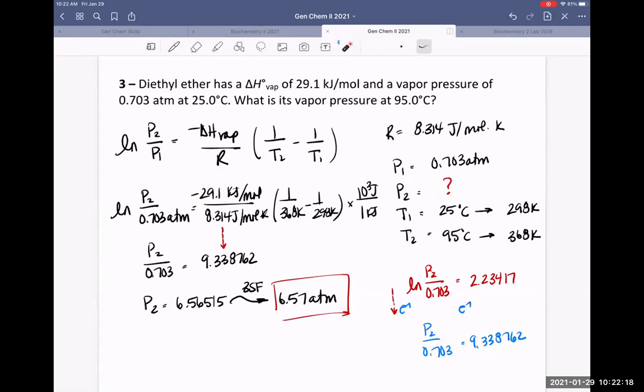I'm actually a bit confused about something, but I'm probably going to sound like an idiot when I ask this. I noticed you took the natural log of P2 over 0.703 there, but you didn't use the P2, the second pressure value that we had calculated previously for that. Or did you? That doesn't seem to match.